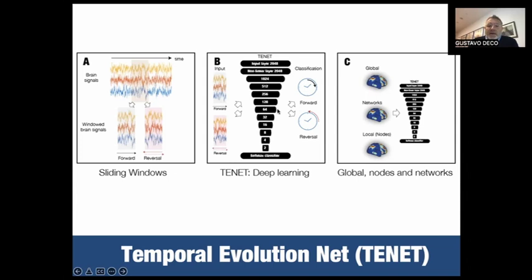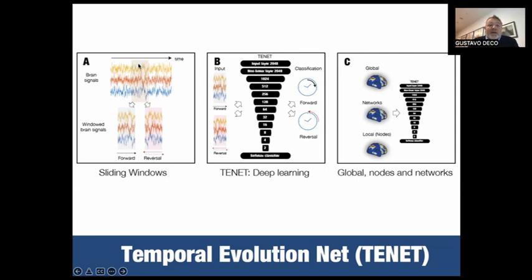The classifier that we use, as I said, is a deep learning classifier that we call Tenet, in honor of the movie that we already mentioned from Christopher Nolan, but in this case it is a temporal evolution deep learning network. And basically what we do in all these different cases is define the signals in different sliding windows in order to reduce the dimensionality of the input data.